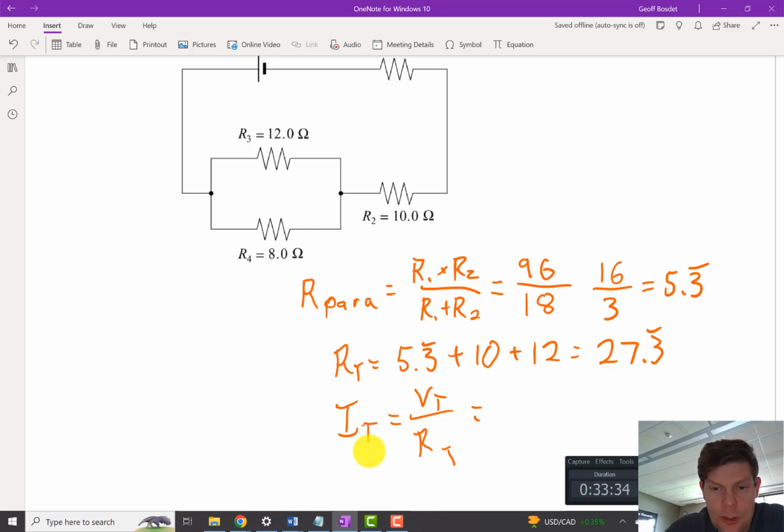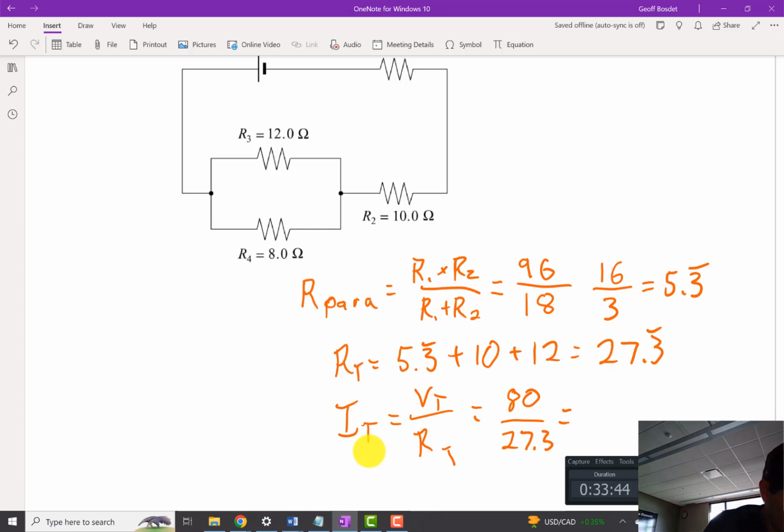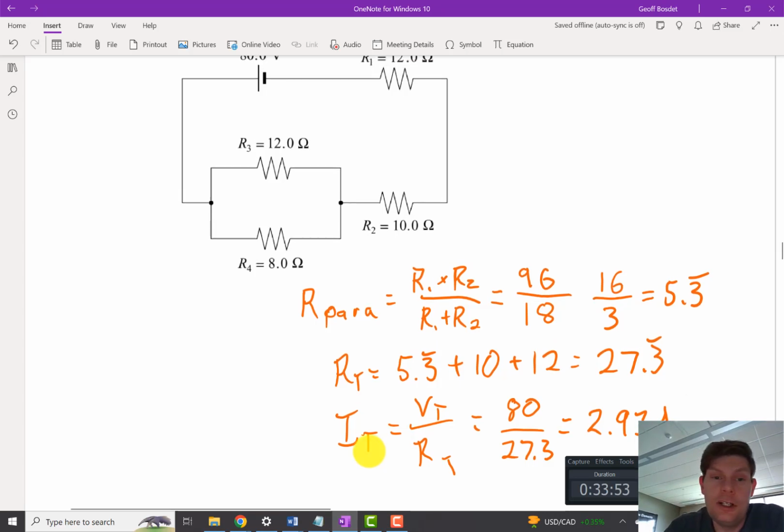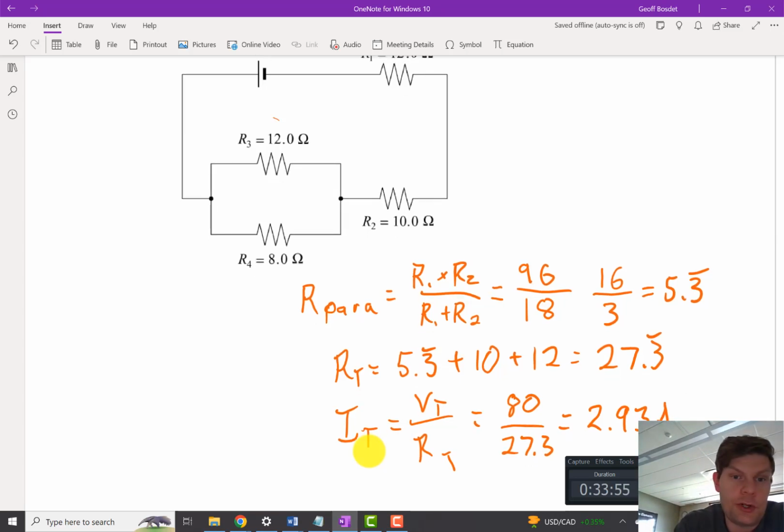And that's going to equal 80 divided by 27.3. Just a hair under 3, 2.93 amps. Now, once we've got that, we can find the voltage drop of this parallel section.